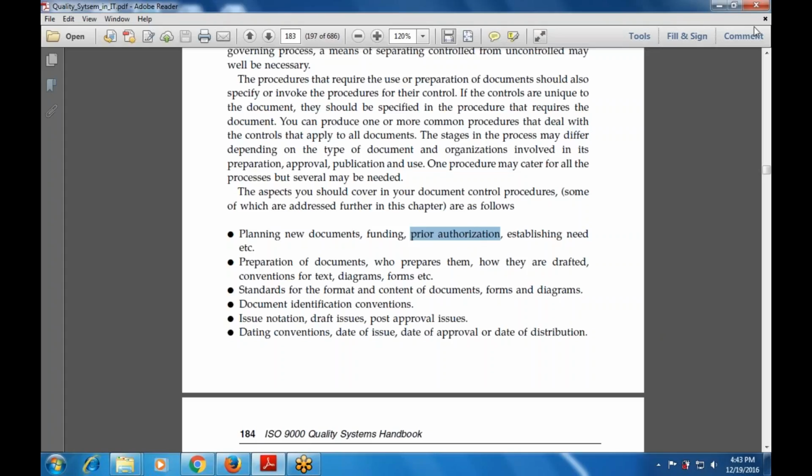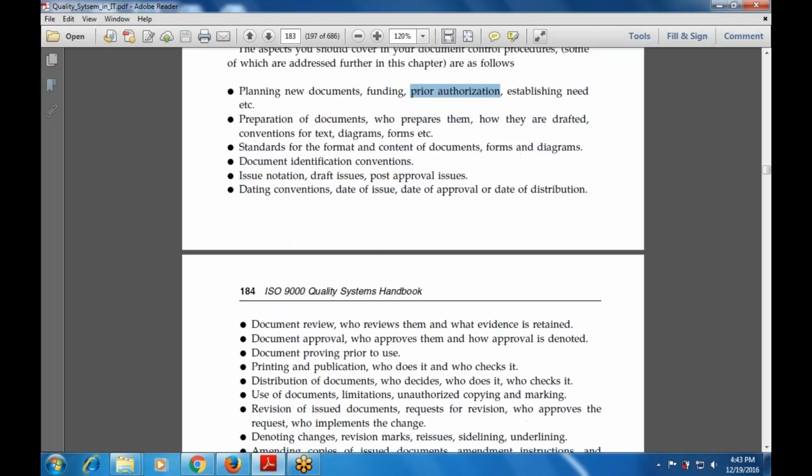Now what are the various diagrams used in this? That is the text diagram, forms, and so on. Then the standards for the format and content of documents, forms, and diagrams, document identification convention, then issue notation, draft issue, and post approval issues, dating convention, date of issue, date of approval, or date of distribution.